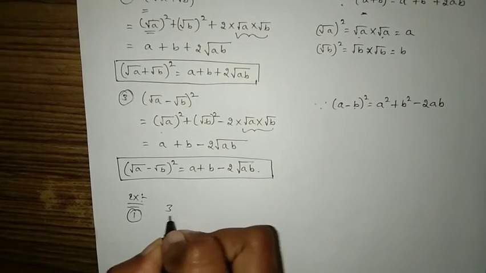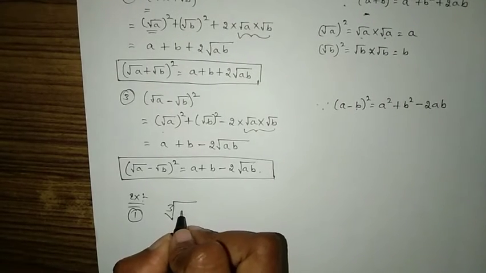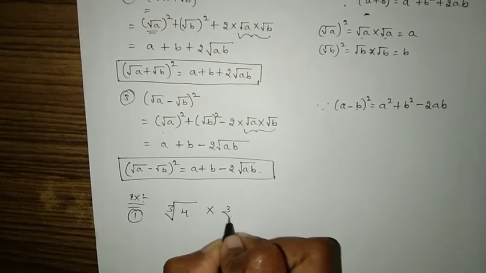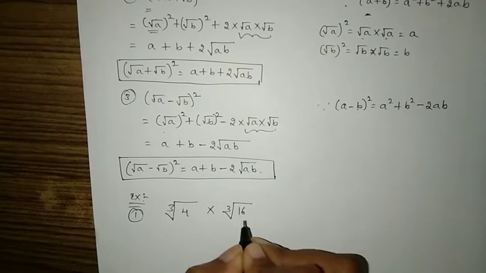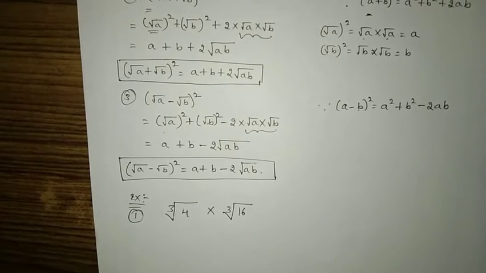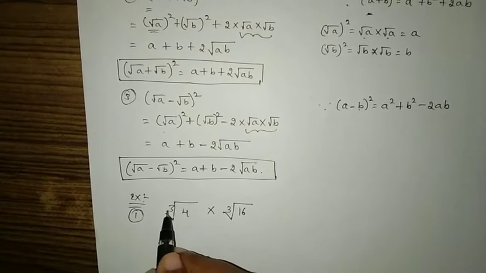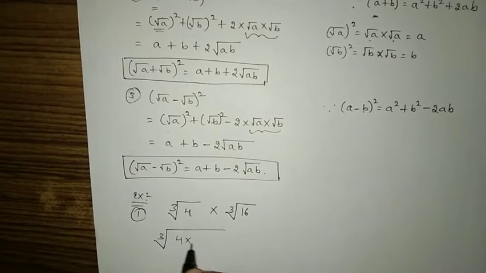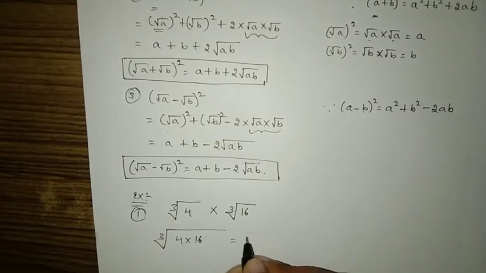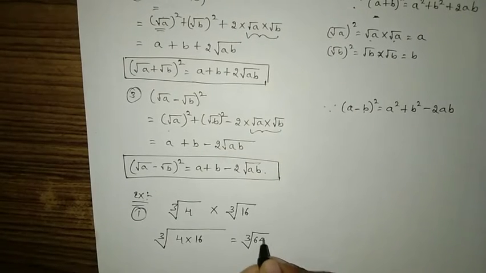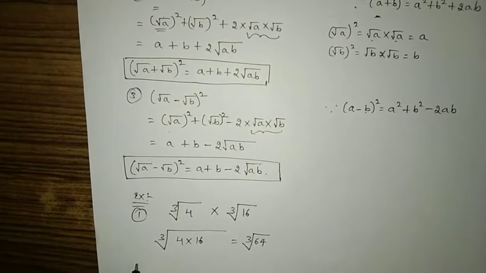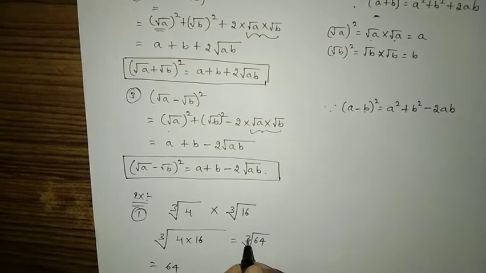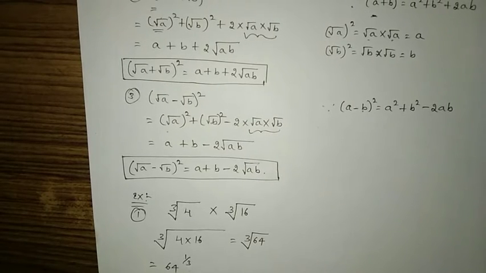The first one, cube root of 4 into cube root of 16. So how can we do this? Here we have the cube root, so we can multiply both terms, right? 4 into 16, that is cube root of 64. We can write this as 64 to the power 1 by 3.